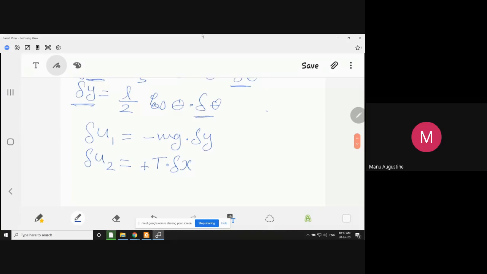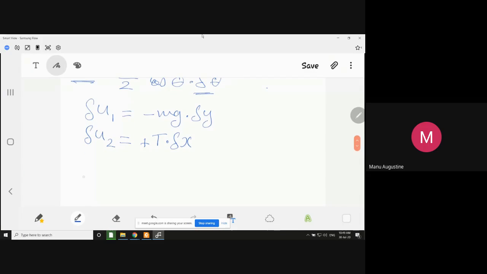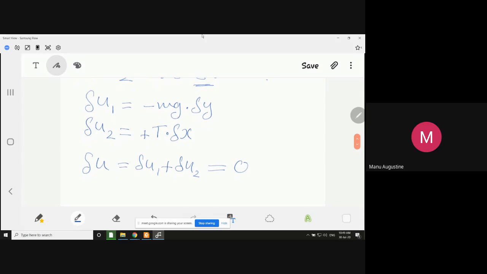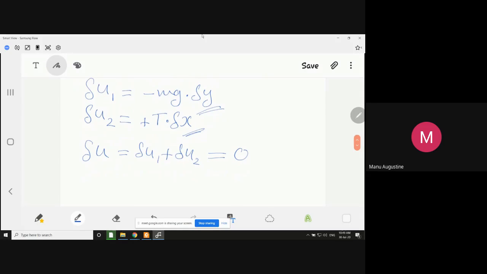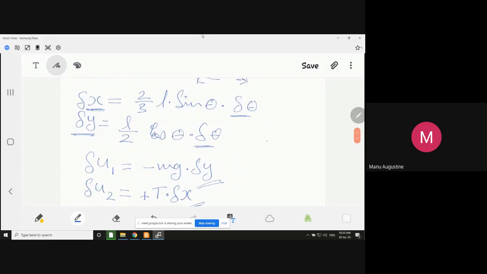And now by applying the principle of virtual work, we know that the total amount of virtual work for a system which is in equilibrium, that is delta U1 plus delta U2, must be equal to 0. This is the principle of virtual work. So I bring in these two expressions and put them together. I will say T into delta x minus mg into delta y must be equal to 0. Now let us bring in the values of delta x and delta y which we have developed here.